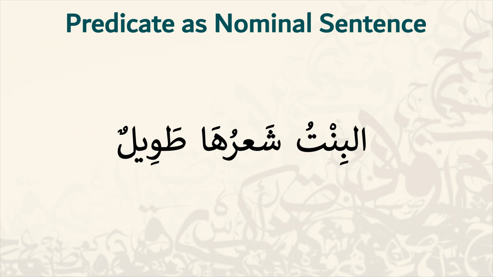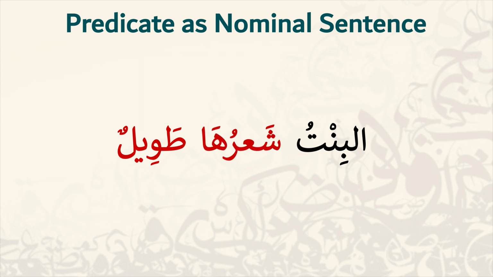Here, in the first example, the information given is in form of a complete sentence. شعرها طويل. Her hair is tall. So, this whole sentence is the predicate, الخبر, because the whole sentence is giving information about the subject, البنت, the girl. And its type is a nominal sentence because it begins with a noun.